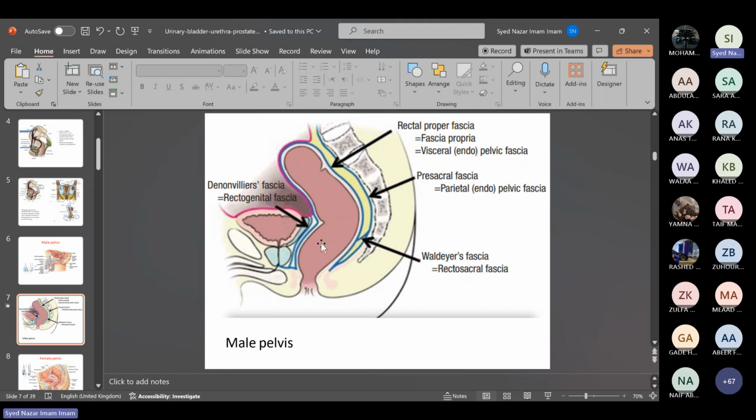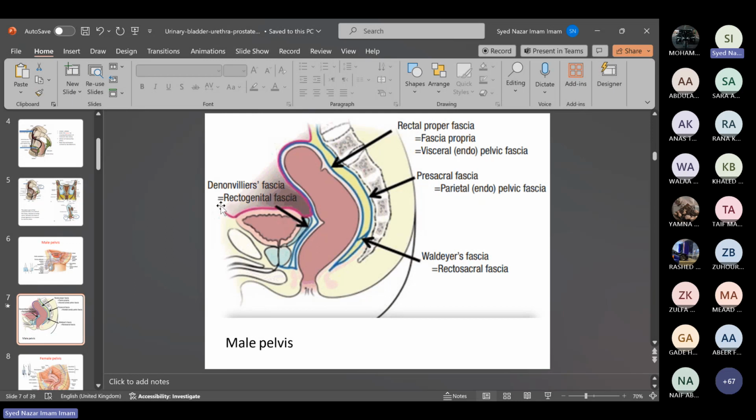In between the prostate and the rectum, there is a fascia. This is called the rectogenital or Denonvilliers fascia. This fascia is separating the rectum from the urinary bladder and the prostate in the male. And behind this is the Waldeyer fascia. So remember, the D is anterior and the W is posterior.